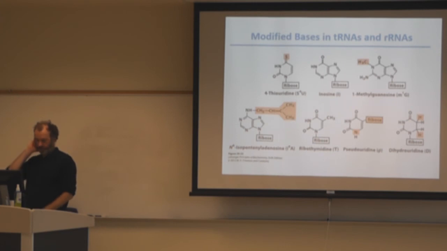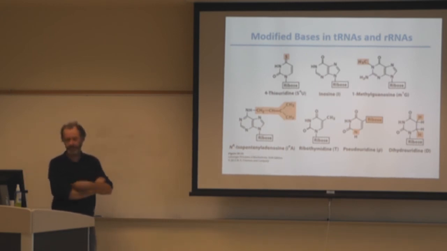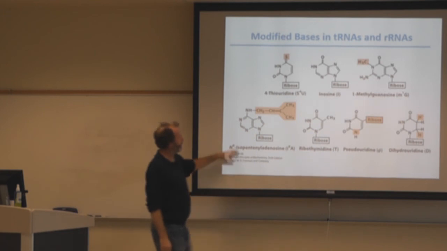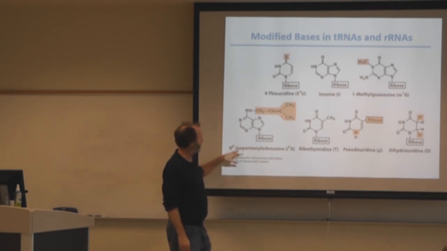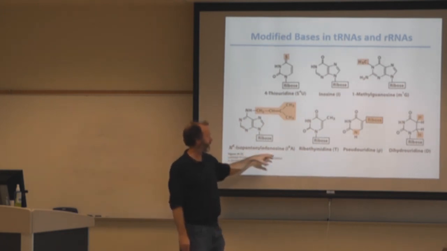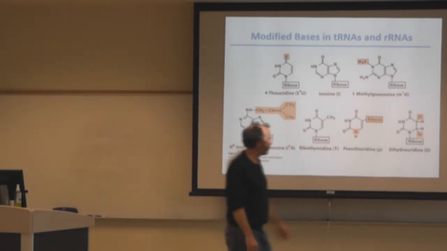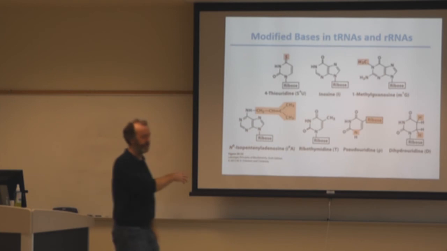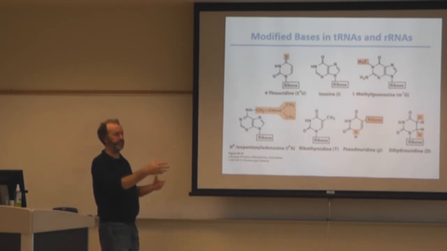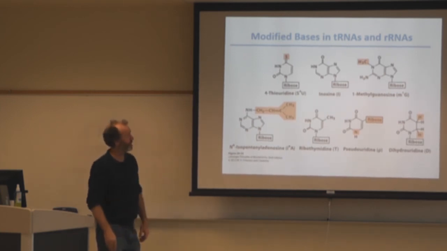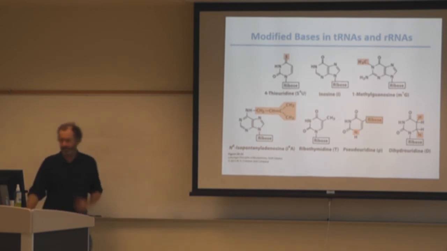This shows you some of those modified bases. So you have thiouridine, inosine, 1-methylguanosine, N6-isopentenyladenosine, ribothymidine, pseudouridine, and dihydrouridine, all different bases that are modified from bases incorporated into the tRNAs.